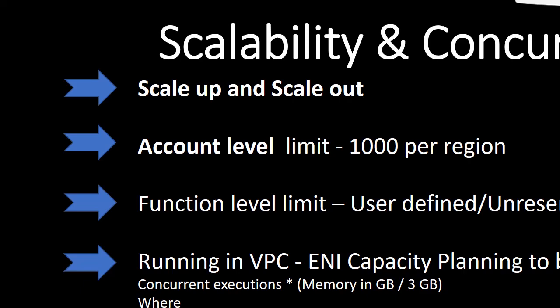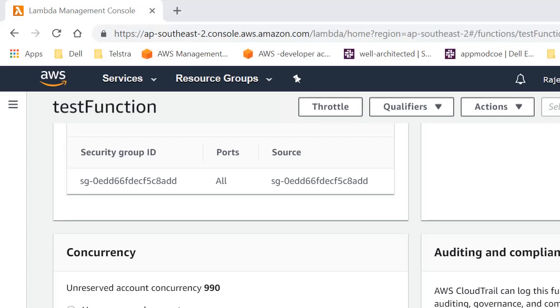Let me quickly show you how we can define the concurrency limit. If you open any Lambda function, you will see this section, Concurrency, and by default you will see this option enabled.